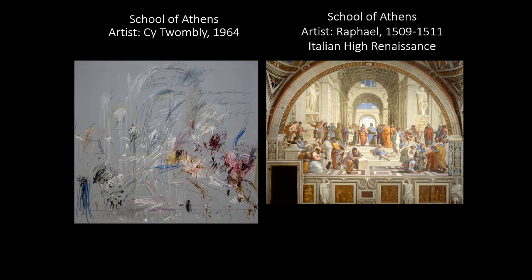Now, how you want to structure things, that's up to you. But here what I'm going to do is start out with talking just a little bit about the original work of art. Just a little bit, because there are limitations to how much you can address within this assignment. And the assignment really is about Twombly's piece, not so much about Raphael's piece.